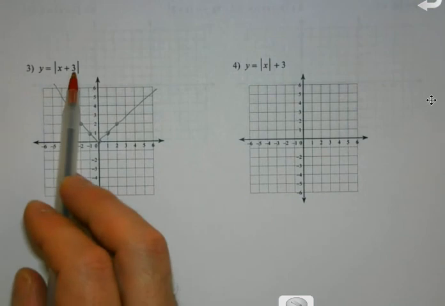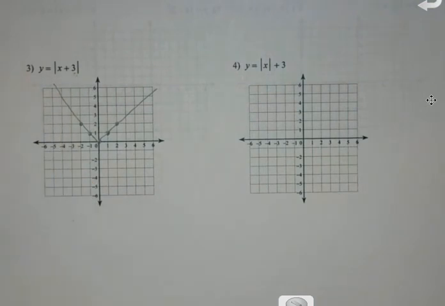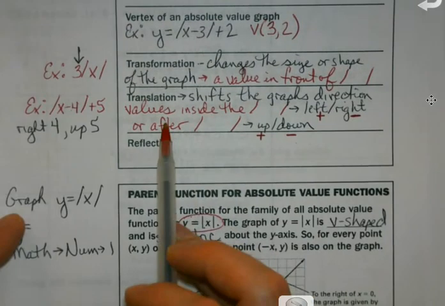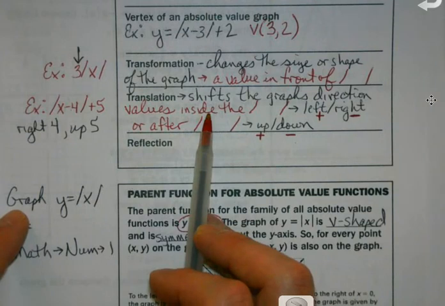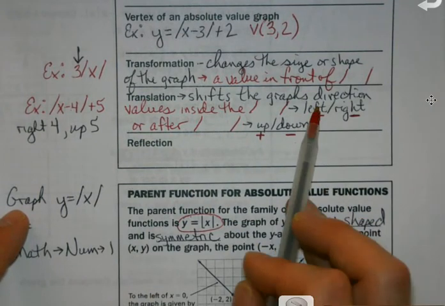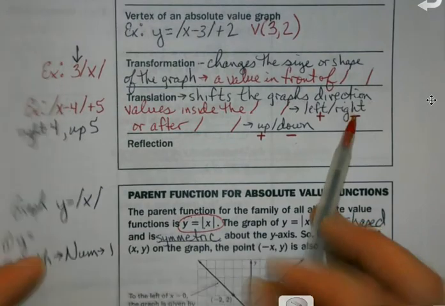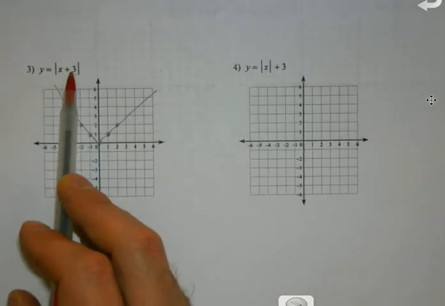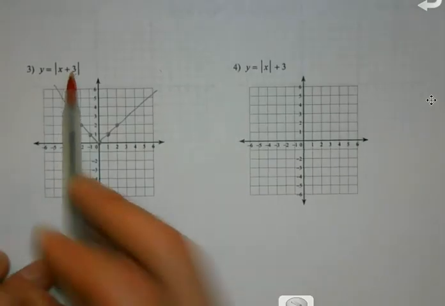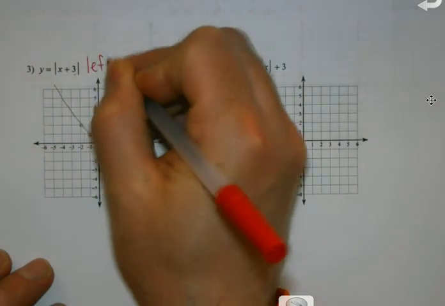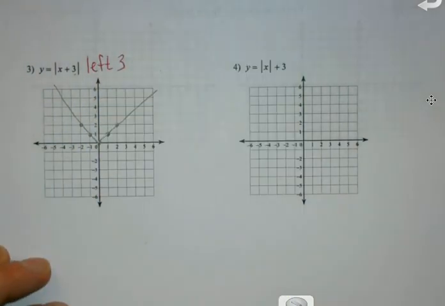This time my number's in the absolute value. If it's inside, it's left or right. If it's positive, it's left. If it's negative, it's right. So am I going left or right in this case? I'm going left.